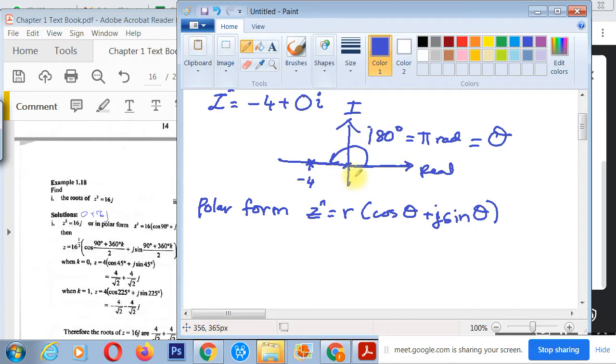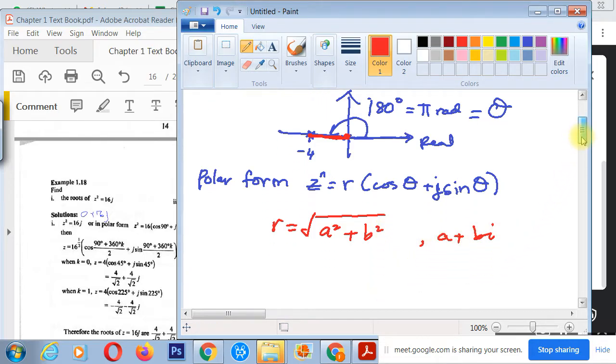So what is the distance? How to get this? If we use the formula, r is equal to square root of a square plus b square, if we have the a plus bi form.